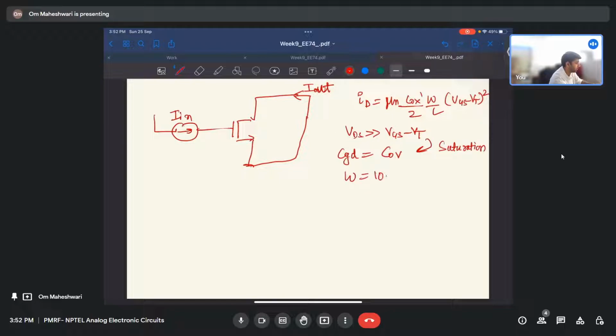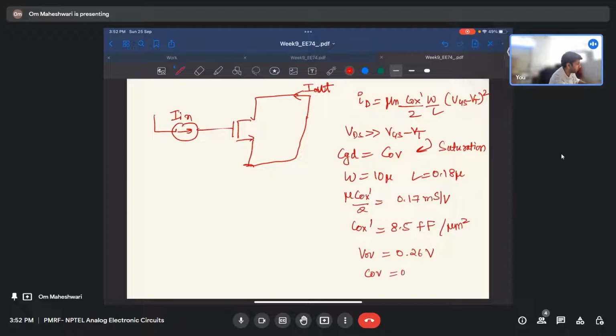W is 10 micro, L is 0.18 micro. Mu Cox dash by 2 is 0.17 millisiemens per volt. Cox prime is 8.5 femtofarad per micrometer square. Overdrive voltage is 0.26 volt.